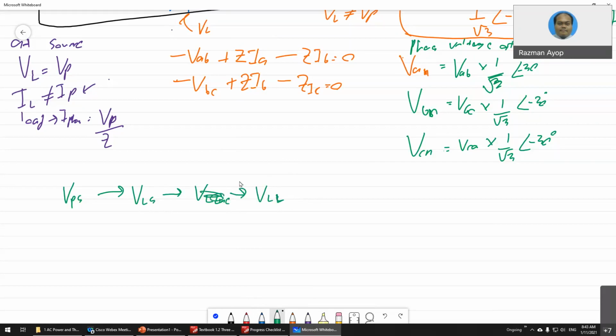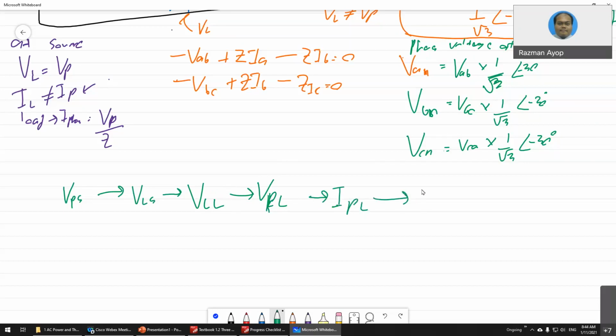Sorry, the line and the load is the same. So V line at the load, and then you have to find V phase at the load, and then you can find the I phase at the load.